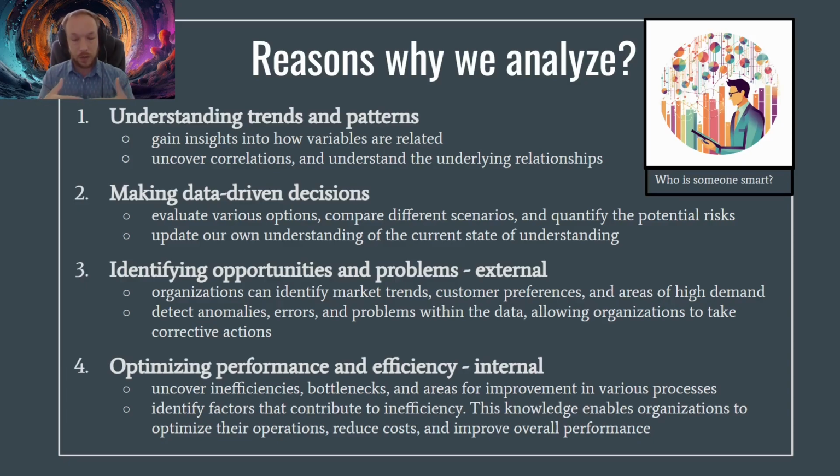We also want to make sure that we're identifying and evaluating our own performance, looking internally at the business, right? We want to uncover inefficiencies, bottlenecks, and really areas for improvement. I think one of the things you always need to keep in mind with this is that it could also include new technology, which is a really valid thing that is changing very quickly.